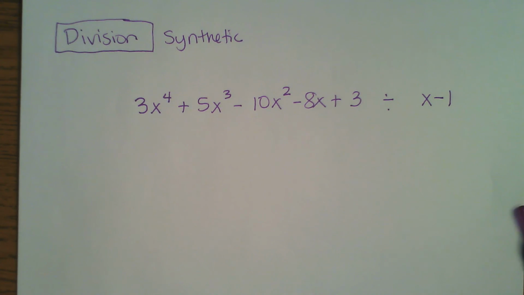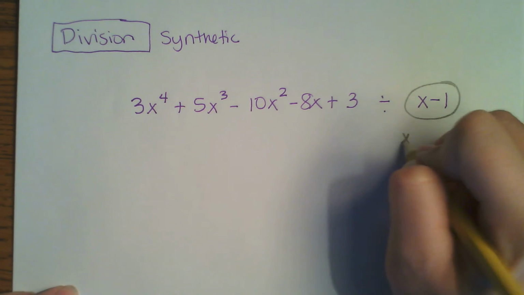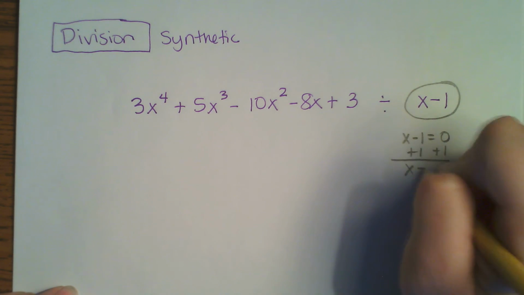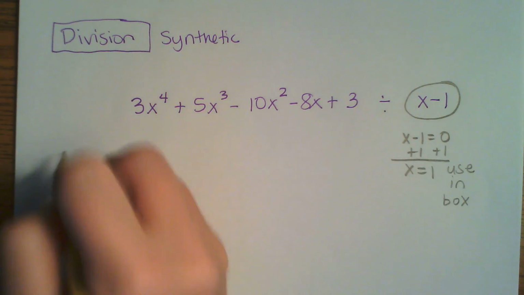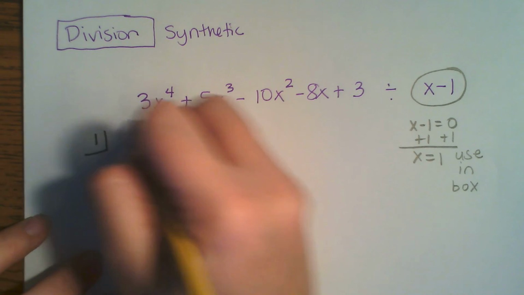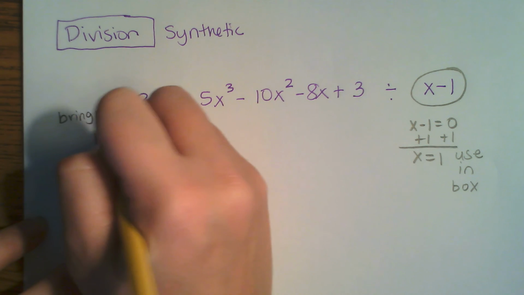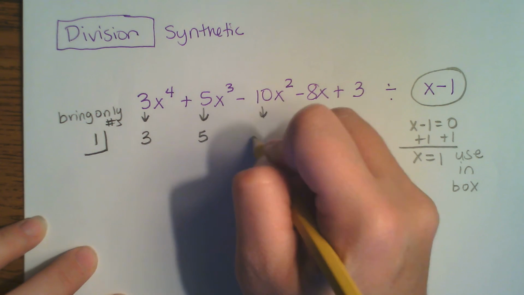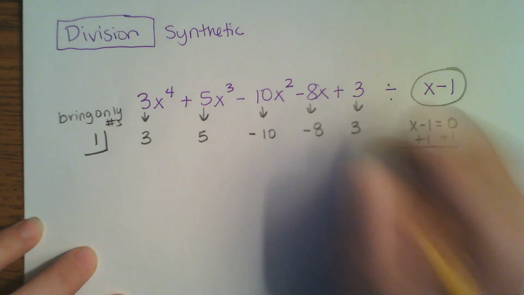All right, so we actually went over synthetic division fairly recently. We always make sure that we set this equal to 0. So we'll use a positive 1 in our little box off to the side here. We bring down only the numbers. So I use 3, 5, negative 10, negative 8, and 3.